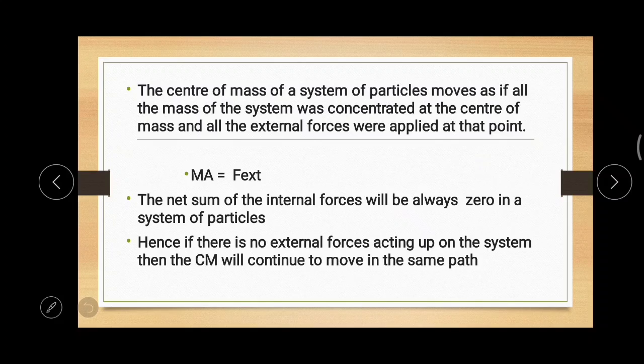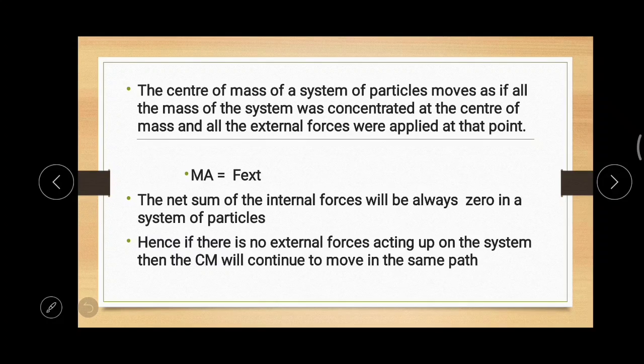You know that in a system of particles, the internal forces cancel each other. So the center of mass of the system of particles moves as if all the mass of the system was concentrated at the center of mass and all the external forces were applied at that point. So the external forces are acting upon the point where the center of mass is situated.